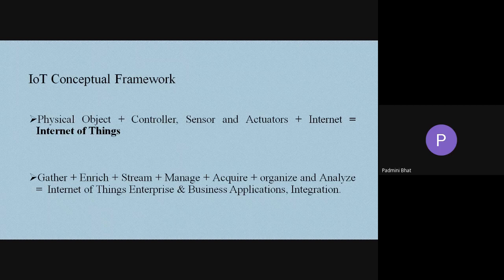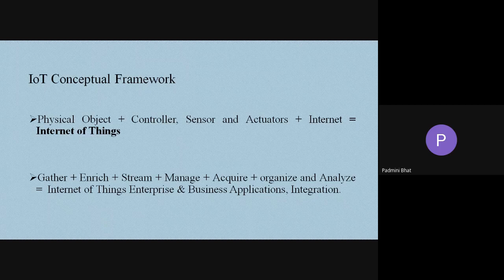The framework can be of different types. If it is a very simple IoT application, then the framework is simple, and if it is a complex one, the framework is complex. It is also defined by different manufacturers in different ways.